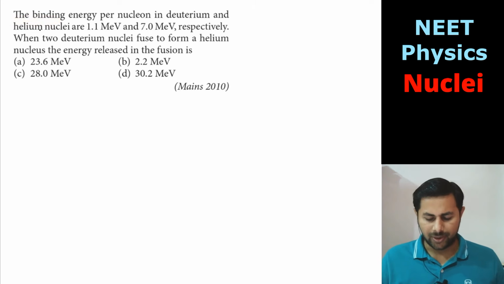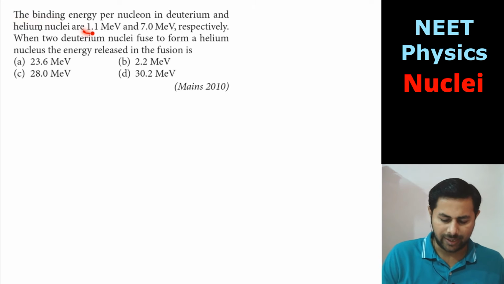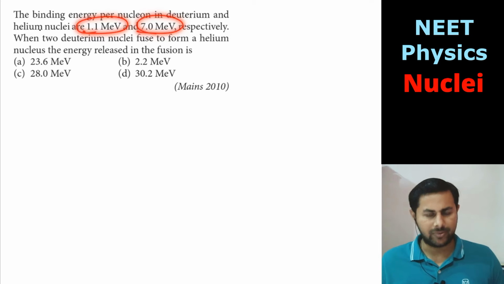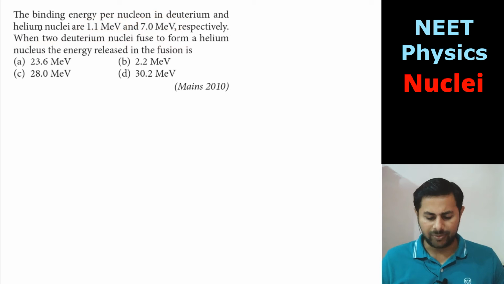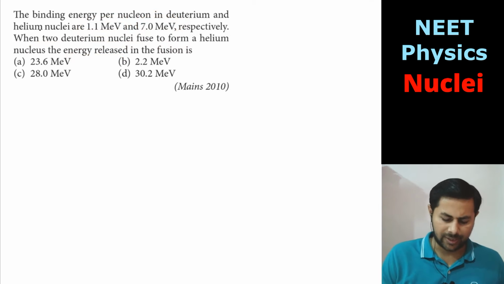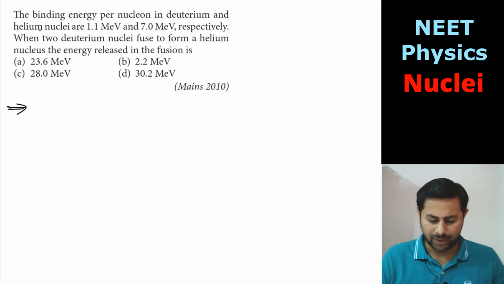Binding energy per nucleon in deuterium and helium nuclei are this much and this much respectively. When two deuterium nuclei fuse to form a helium nucleus, what is the energy released in the fusion? This is the question.